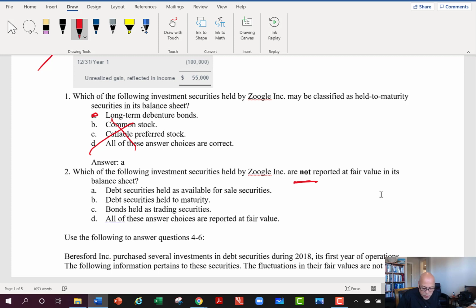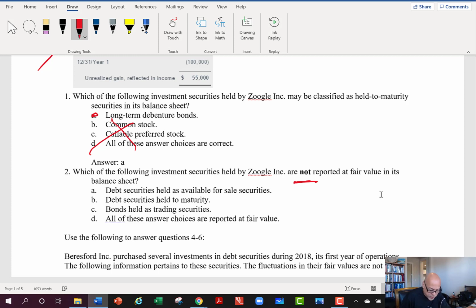Which of the following investments are not reported at fair value? Okay, well, the ones that are reported at fair value are going to be trading, available for sale, and then our equity securities. Our debt securities held to maturity are not reported at fair value.